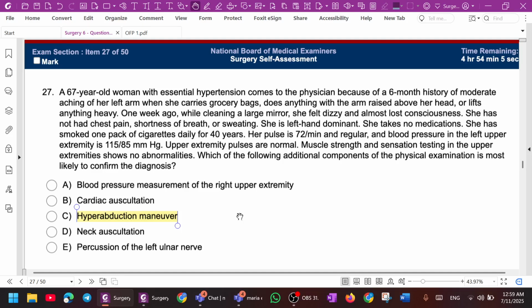Okay, so it is BP measurement of the right upper extremity. BP measurement of the right upper extremity should be assessed to determine differential upper extremity BP in the setting of possible subclavian steal syndrome. Subclavian steal syndrome occurs secondary to stenosis of the subclavian artery proximal to the origin of the vertebral artery.